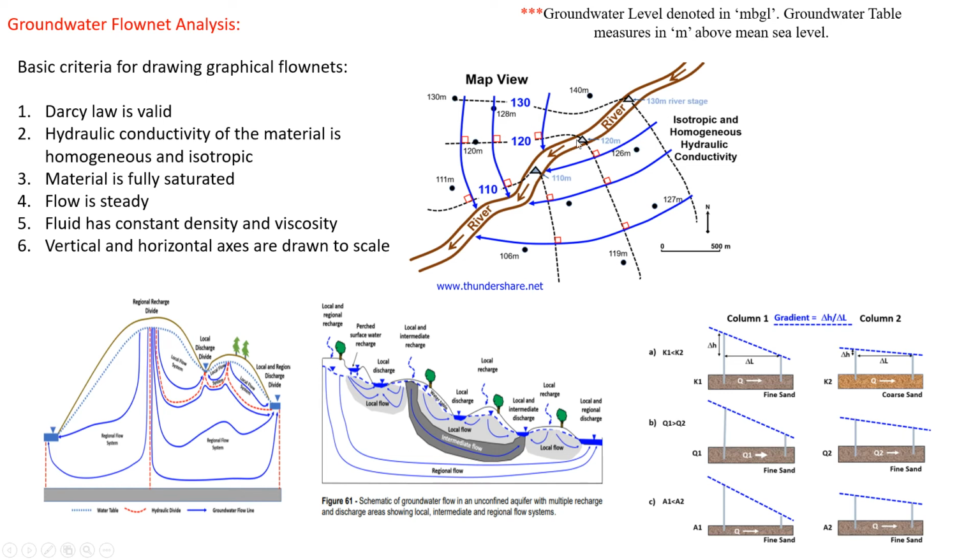If you do this for your area, you will have the whole idea of how the groundwater motion is taking place, in which direction the flow is taking place, and the response of the river with respect to time.